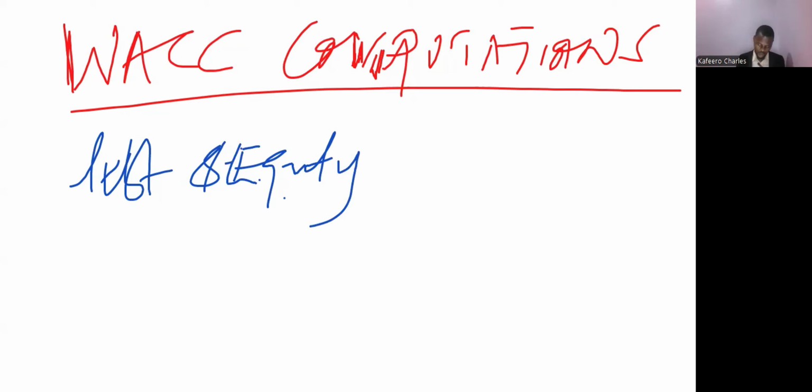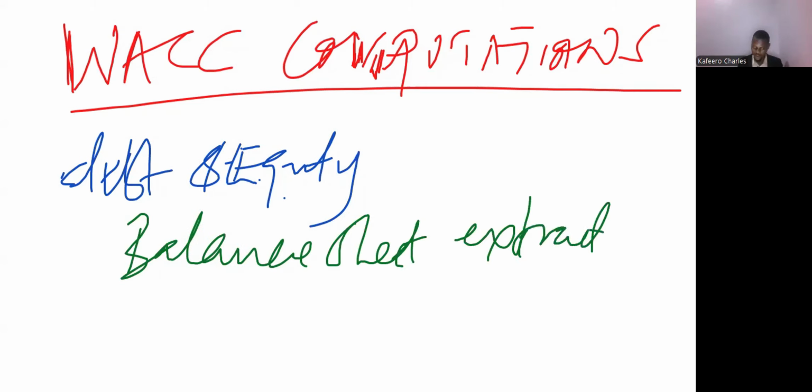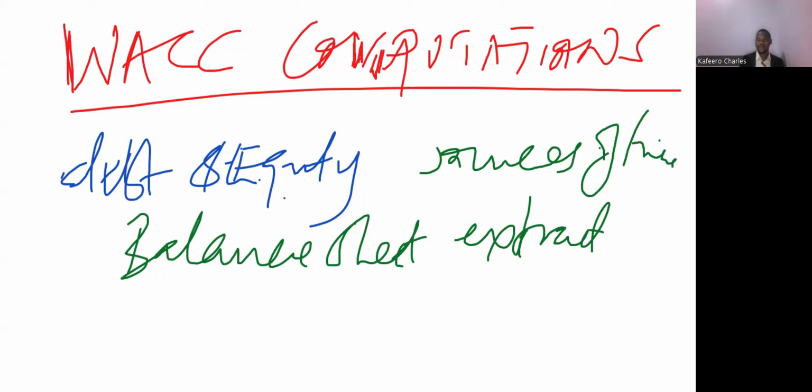They have two components: the component of debt and the component of equity. Therefore, the examiner will give you what we call a balance sheet extract, where you will see the different sources of finance that make up the capital structure of an entity.